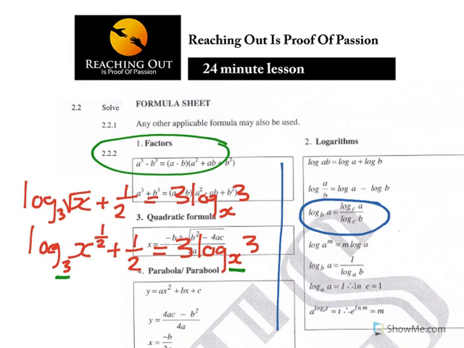So in other ways, we want to change, for example, everything into base 3. We want to match base x into base 3. So if I want to change base x into base 3, I'm going to write it using my blue. Remember, I want to change log base x into base 3.